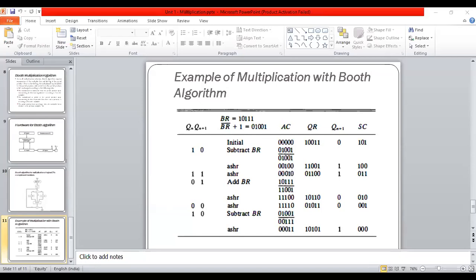Multiplicand. Tell me any two numbers. 25 and minus 16, ma'am. Minus 16 is the multiplier. 25. Okay. So the multiplicand is, ma'am, minus 16.